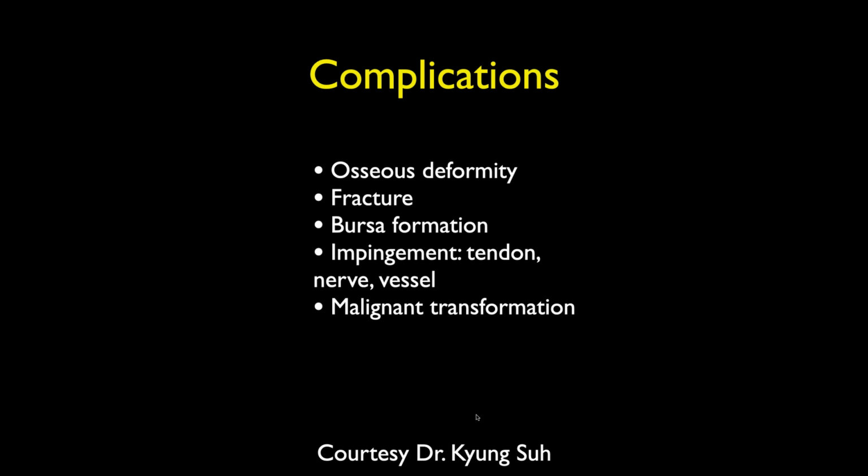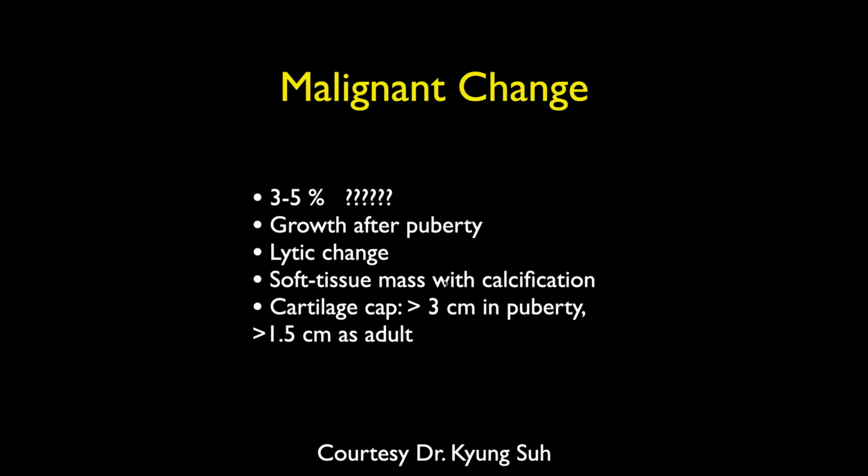Yeah. And so the things that you want to comment on: osseous deformities, fractures, bursal formation like we've seen in a couple of previous cases, and then impingement on important structures such as tendon, nerves, and vessels, and then finally malignant transformation. Malignant change has been described in 3 to 5%, but again, it's generally believed that this is very skewed data. It's probably 10 times less than this.